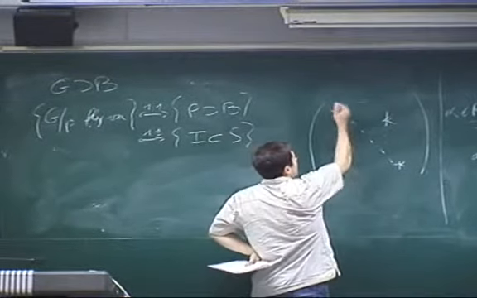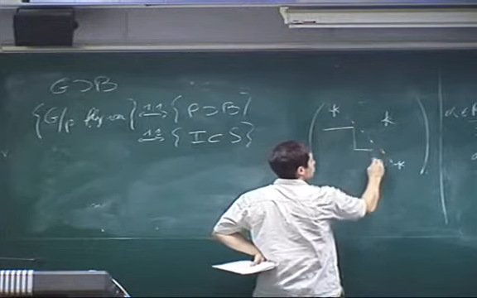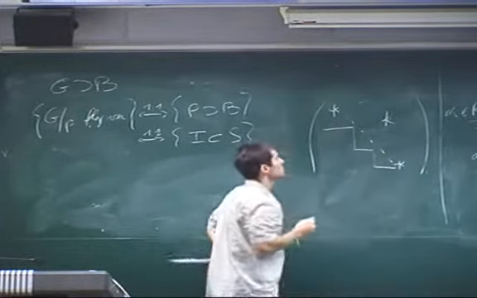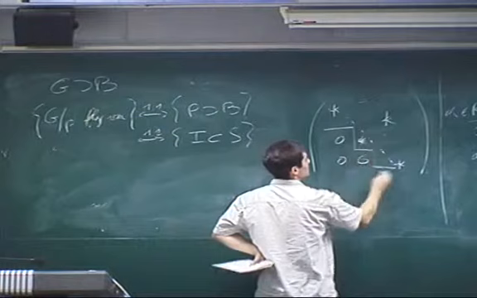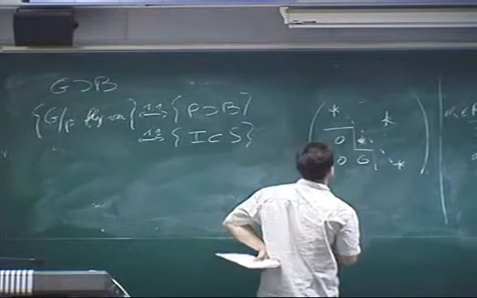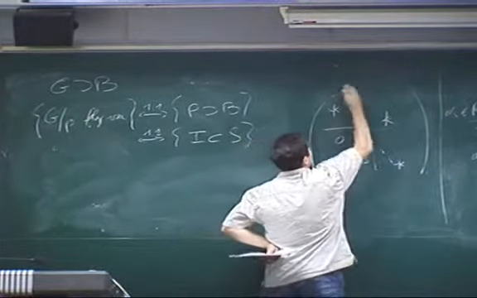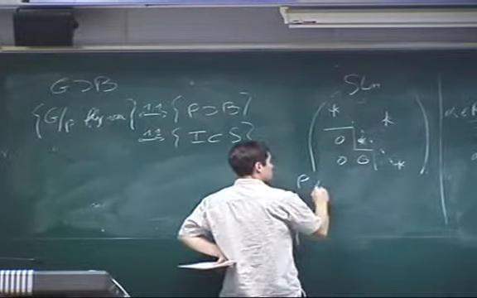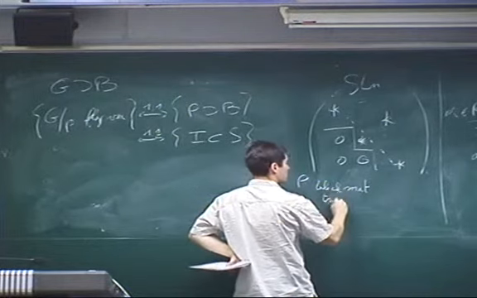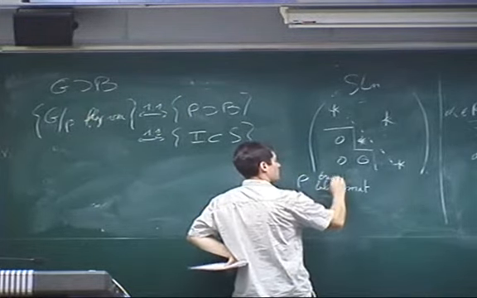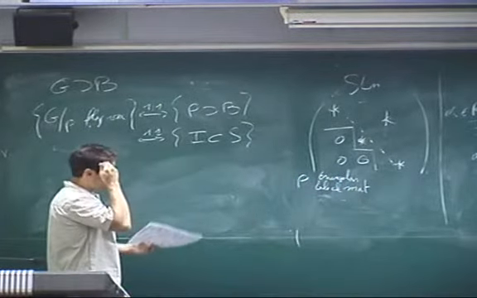So we don't have a lot of choice: we have to take block triangular matrices like this. That's the only thing we can do. So P is block matrices, a triangular block matrix, upper triangular.